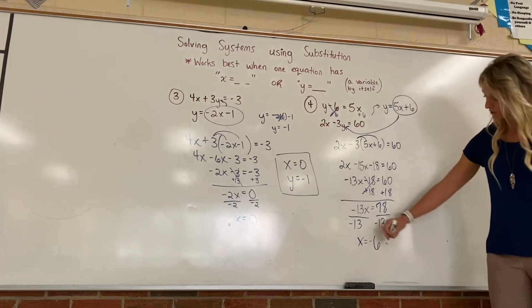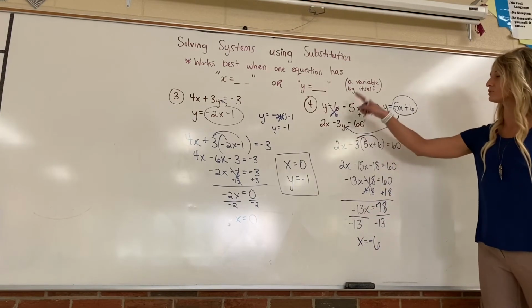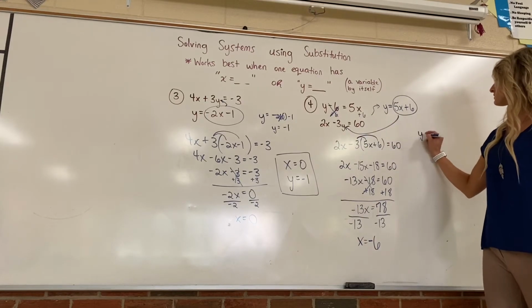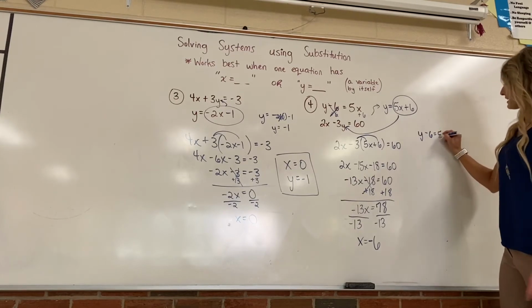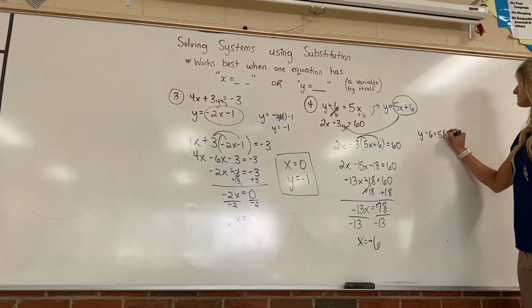All right, so again, that's only part of your answer. So now you take that, you plug it back into one of your equations to find the other one. So this one looks a little easier. So I'm gonna take my y minus 6 equals the 5x, and instead of x, I'm going to plug in my -6.